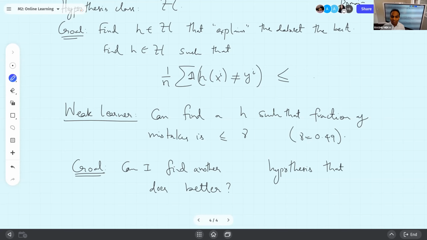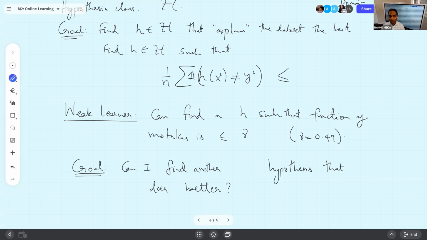If I just tell you can get 51% accuracy, how can you just boost it to something higher, like, let's say 90% accuracy? Do you think it's ever possible? Yes or no? Well, it shouldn't be possible if all you have is a single hypothesis that gets you 51% accuracy. Then that's all you have. You can't do anything better.